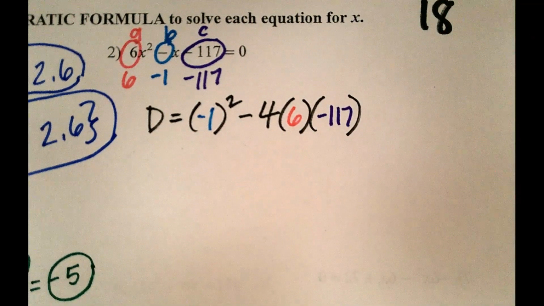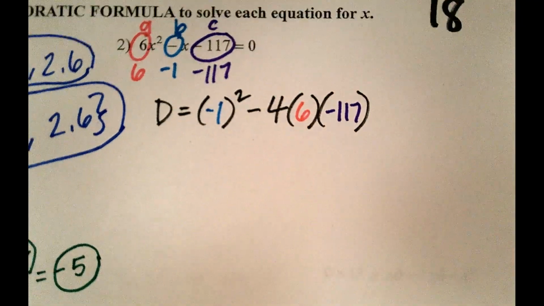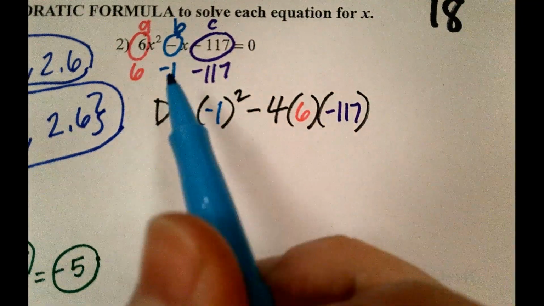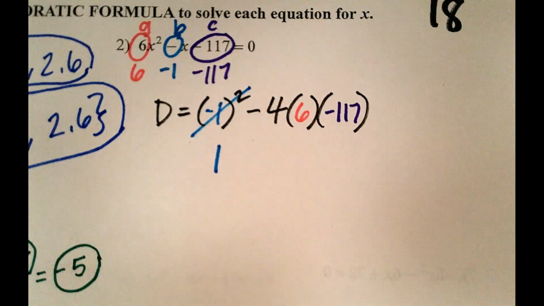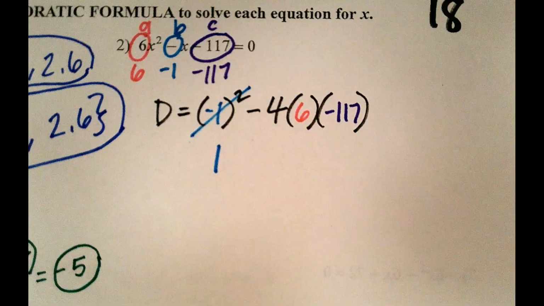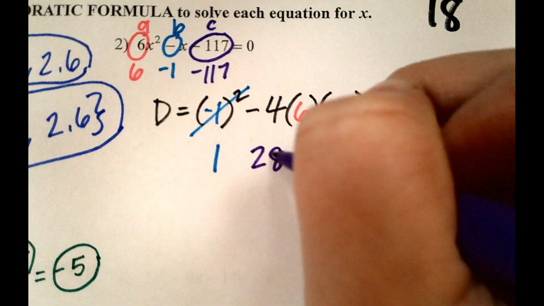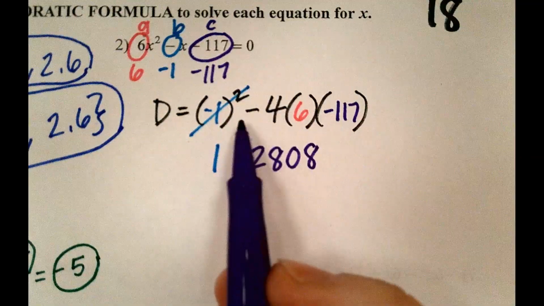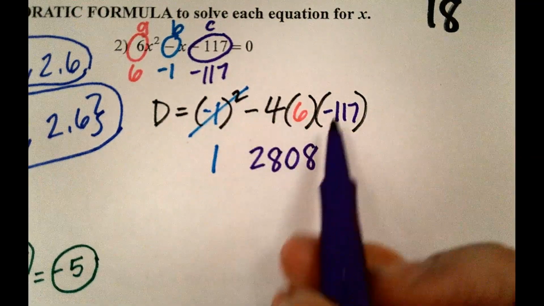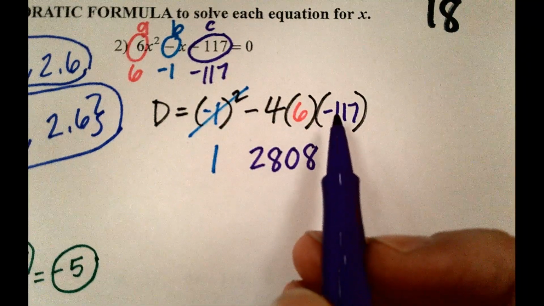Okay, so I have everything plugged into the discriminant formula now. Walk me through. What do I do? You're going to multiply negative 1 by negative 1 and get positive 1. Perfect. So positive 1. Then you're going to take negative 4 times 6 times negative 117 and get 2,808. Add those together. Good. Turn positive. So we got 2 negatives here, negative 4 and negative 117. Because there's 2 negatives, they cancel.